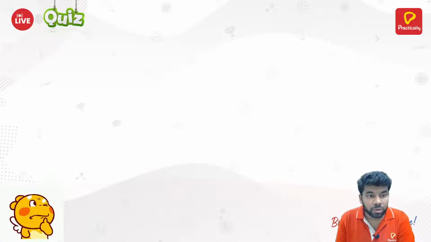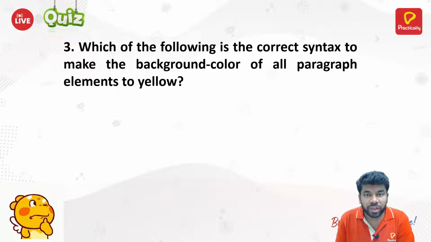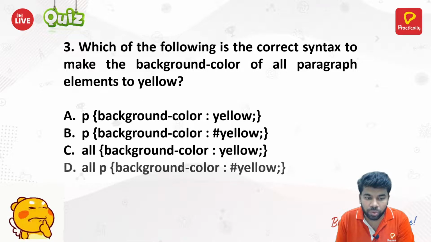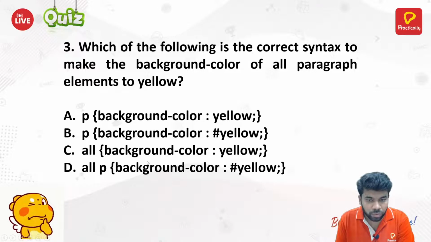Okay. So which of the following is the correct syntax to make the background color of all paragraph elements yellow? What is the correct code to select all the paragraph elements and apply a yellow background color?